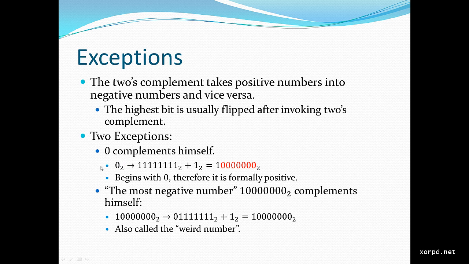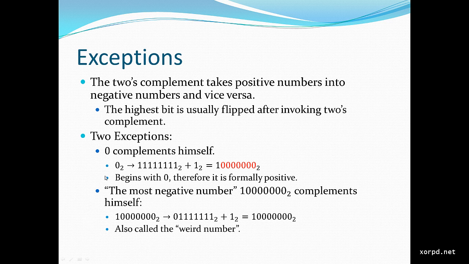For example, in the world of 8 bits, when we flip all the bits in 0, we are going to get this number because every 0 is flipped into 1. And then we just finally add 1 and we get this result. As we only consider the lowest 8 bits, we get again 0. So 0 turns into 0 when we invoke the 2's complement.